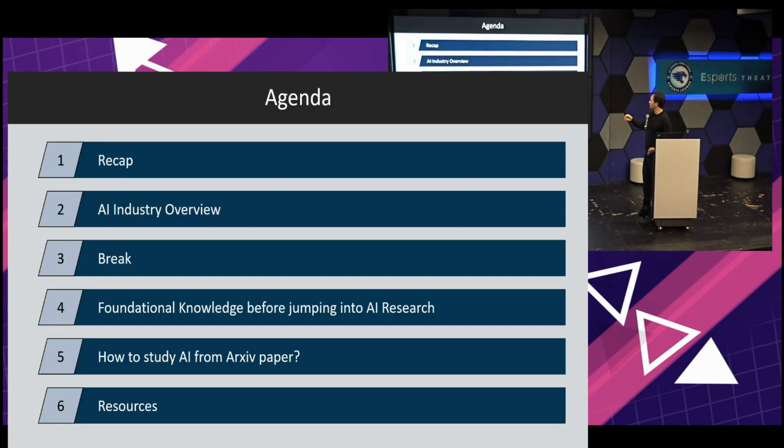So here's the agenda. I'm going to go over the AI industry overview to persuade you that it's really a good time to jump into the AI industry and AI field. And then we will have a break, because the second part of the presentation is for the people who want to do research in AI. I'll introduce the basic baby steps before you actually do research on AI.